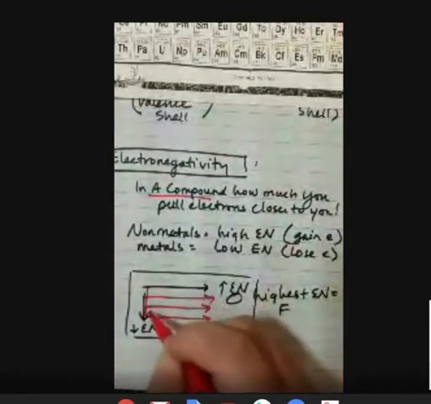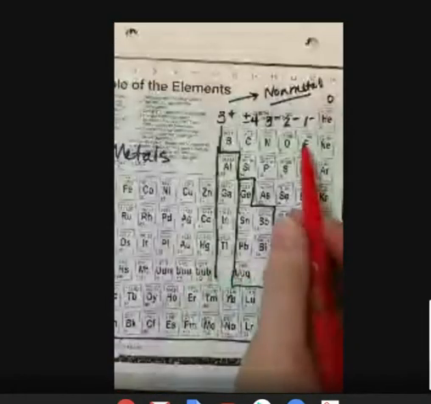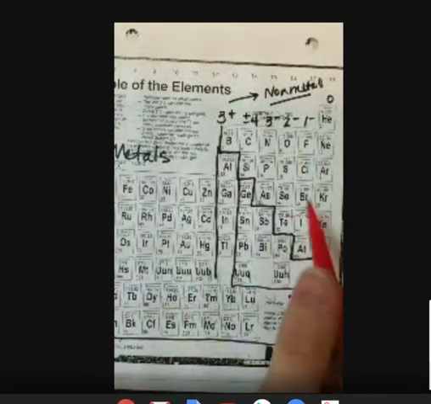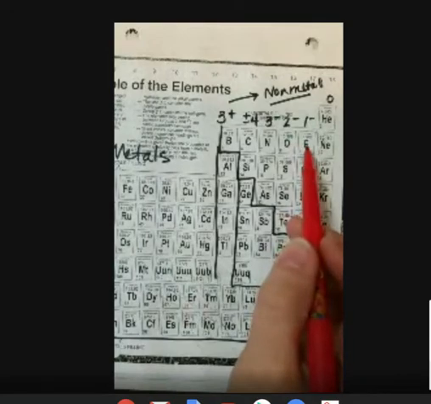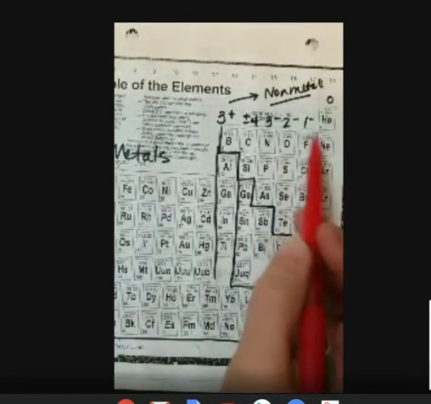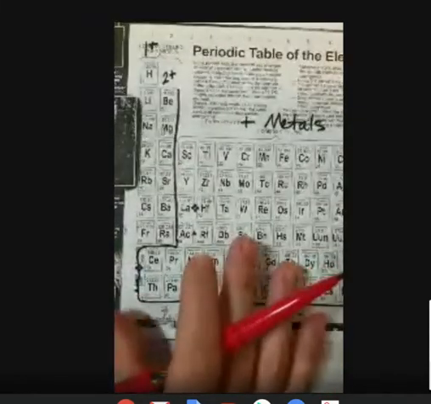And then as you go down, your electronegativity values tend to decrease. So even over here, as you go down, they tend to decrease. And that's just because the atom gets bigger as you go down, and they're just not as strong. Like fluorine is a pretty small atom, and it's pretty strong in terms of its electronegativity. It's actually the most electronegative element, and francium down here would be the weakest electronegative element.